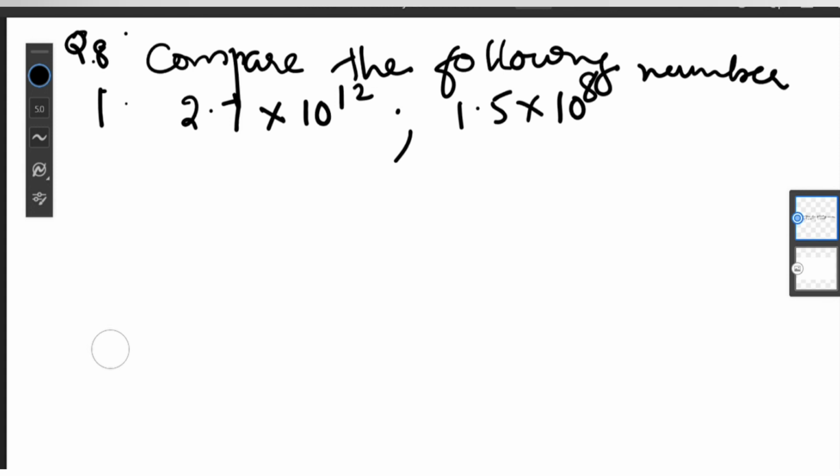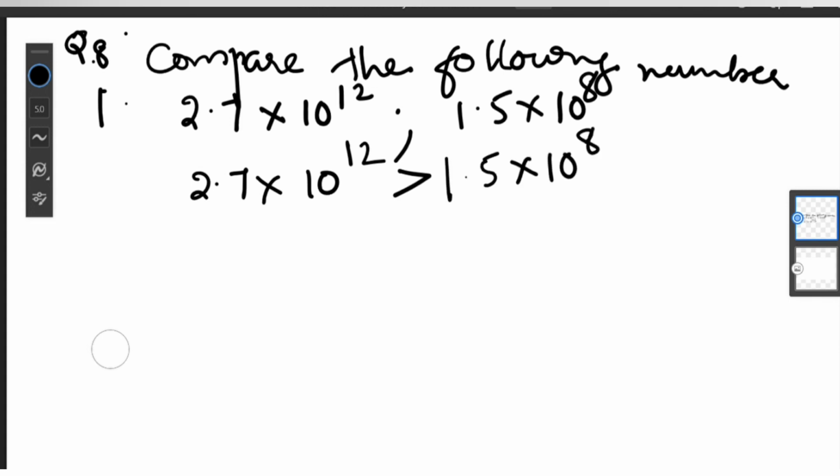It is already known that 10 to the power 12 is greater than 10 to the power 8. So 2.7 into 10 to the power 12 is greater than 1.5 into 10 to the power 8. That only we have to find out.